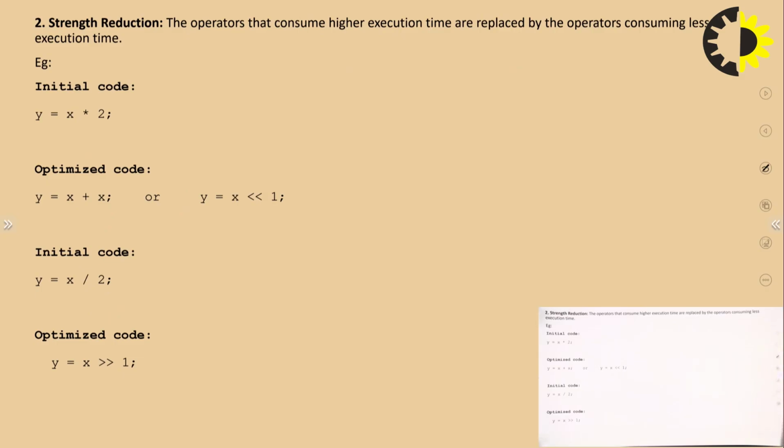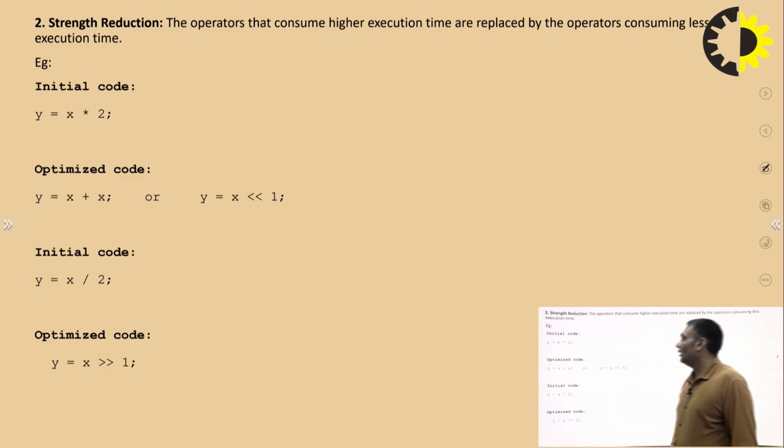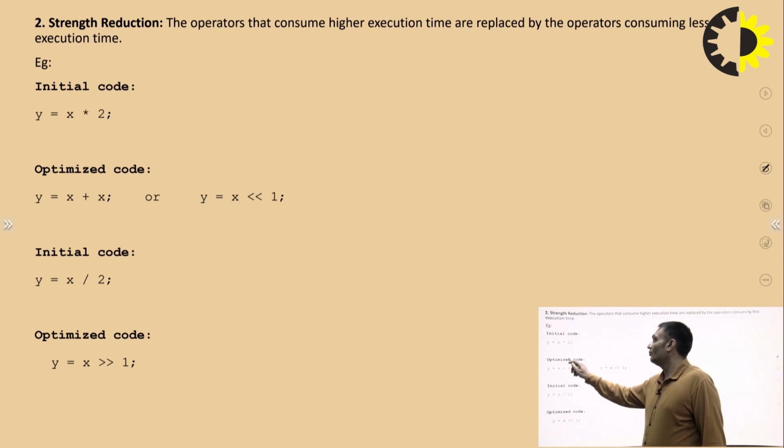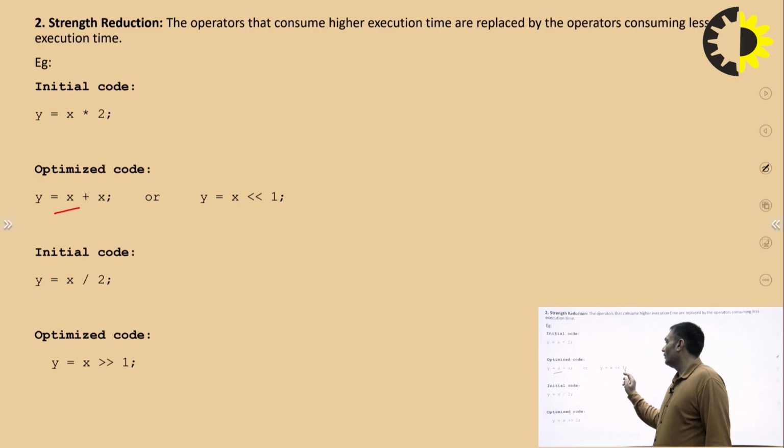Strength reduction is another type of optimization technique of peephole optimization. For example, y equals x into 2. We can write y equals x plus x, or y equals x shifted left by 1.